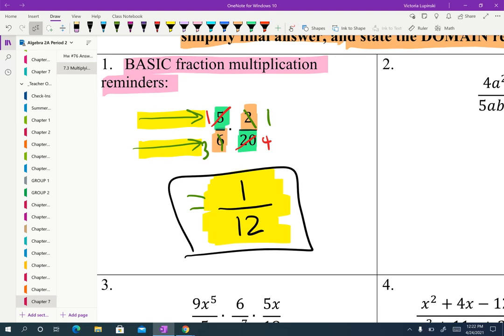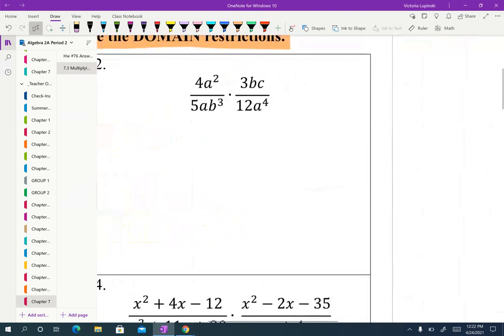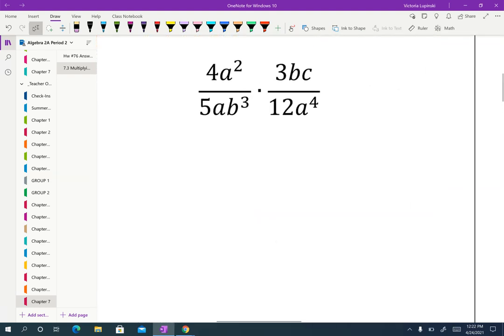We're going to take that same idea and now extend it to harder examples. So take a look here at the next one. Again, you don't have to, but you might want to remind yourself that anytime you see a variable with no exponent, it is technically a value of 1. So again, you're going to try to cross cancel anywhere that you can, and then in your final answer, multiply any remaining numerators and any remaining denominators.